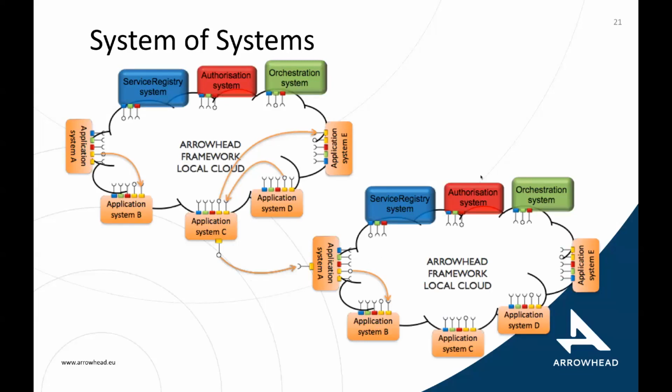And this can of course be located somewhere else on the globe as well. The individual local clouds are geographically local, but between local clouds we can have them on different parts of the globe. The technology allows perfectly for that.